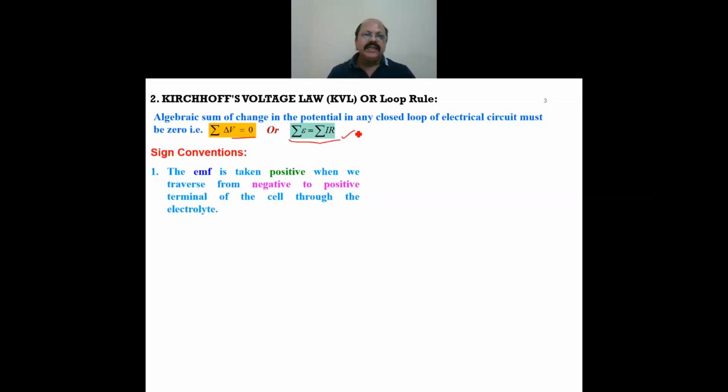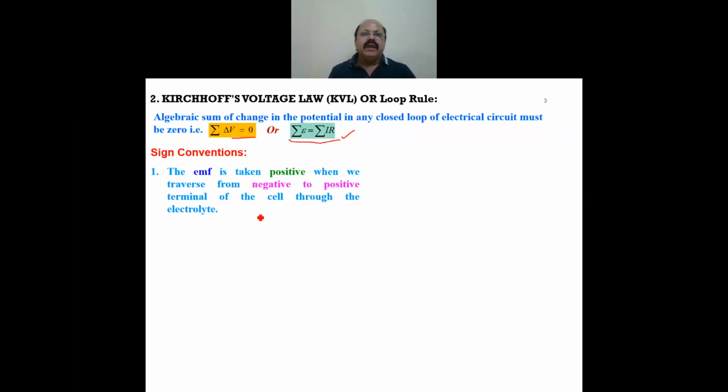Here you understand sign conventions very well, otherwise your answer becomes wrong. So the first sign convention: the EMF is taken positive when it transfers from the negative to the positive terminal of the cell to the electrolyte.